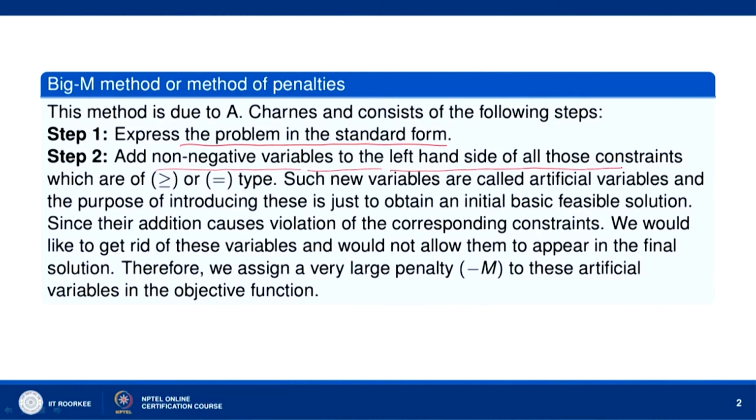So, first we put the problem in the standard form, then in the second step we add non-negative variables to the left hand side of all those constraints which are of greater than or equal to type. Such new variables are called artificial variables, and the purpose of introducing these variables is just to obtain an initial basic feasible solution.